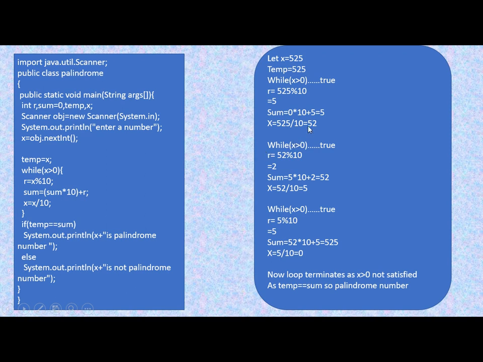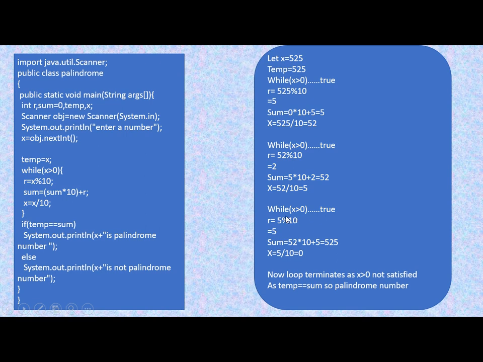The value of sum is 5, so 5 into 10 plus 2 gives 52. Again x equals x by 10, so 52 by 10, and the quotient will be 5.